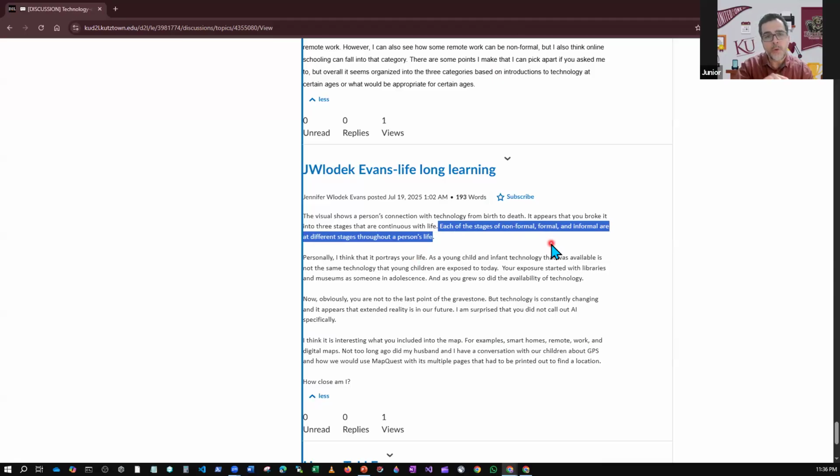But non-formal and formal depends on whether you are going to community organizations or other institutions of somewhat organized instruction, materials and events, or if you are going to formal education events or spaces.